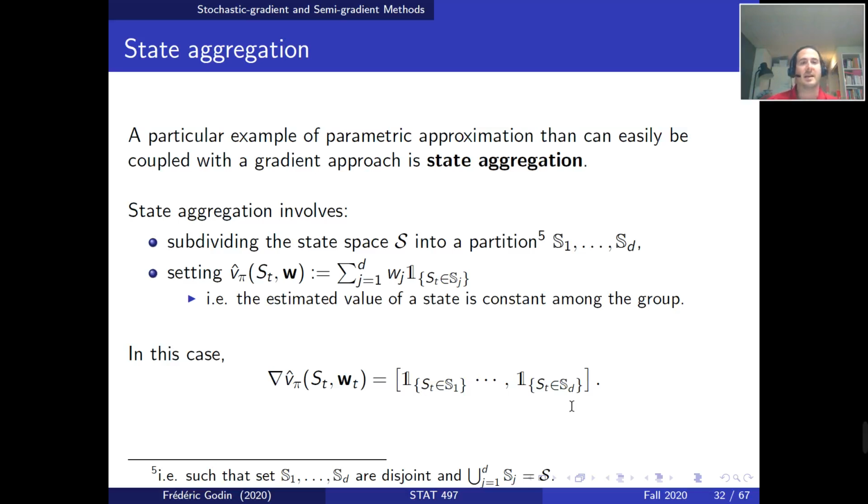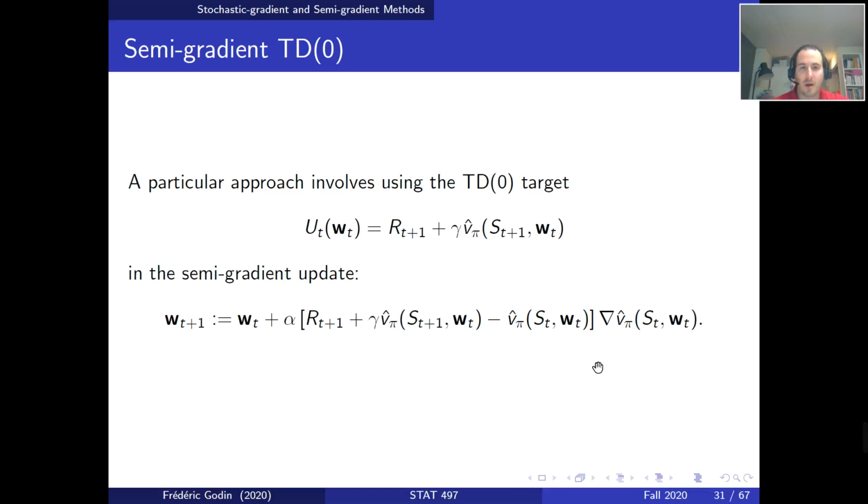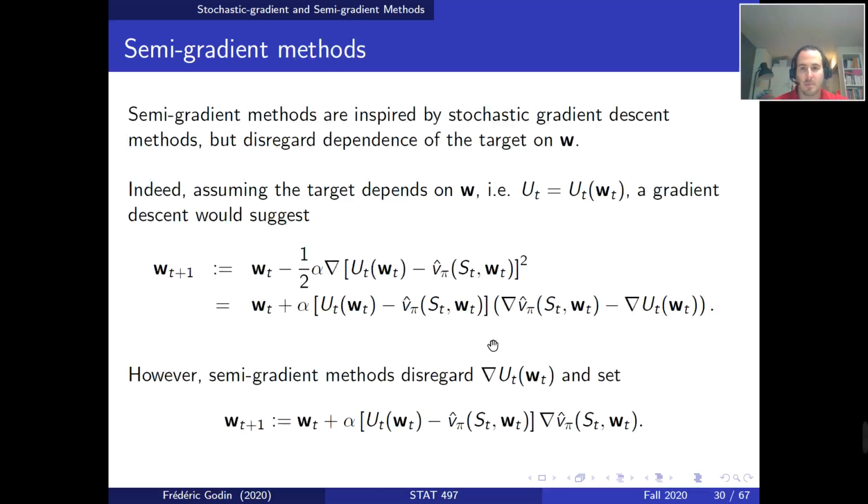Recall that in the update formula, maybe we could go here, so this was a particular example, this was our update formula for the semi-gradient approach, and we see that the next estimate is the previous estimate plus an update term which multiplies the gradient.